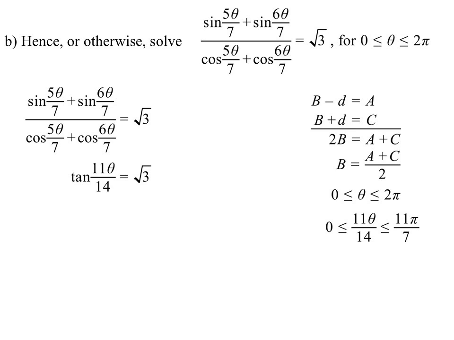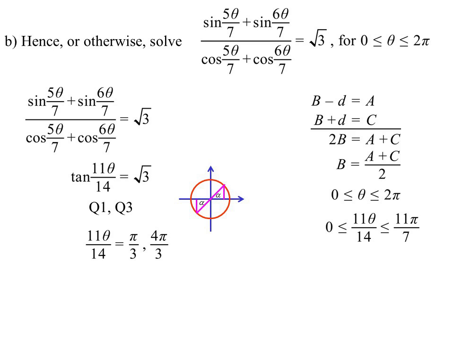At least they've given us an exact value, root 3, which means I'm in the first or the third quadrant. The exact values are pi on 3 and 4 pi on 3, but how many times round the circle am I going? 11 pi on 7 is not around the circle yet, is it? So I don't need any more solutions.